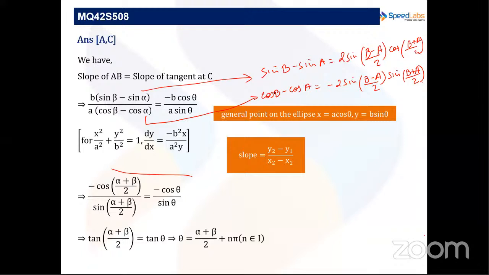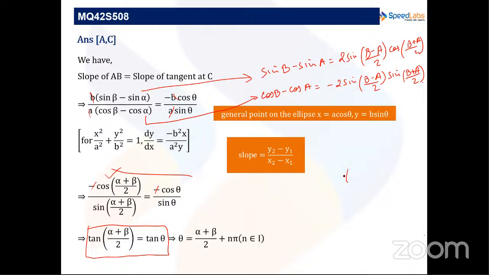So on putting these two and dividing, the b will cancel out from b, a will cancel out from a, and it will be minus cos of (alpha plus beta) by 2 upon sin of (alpha plus beta) by 2 equals to minus cos alpha by sin alpha. The negative sign will again cancel out, and we will get tan of (alpha plus beta) by 2 equals to tan alpha.